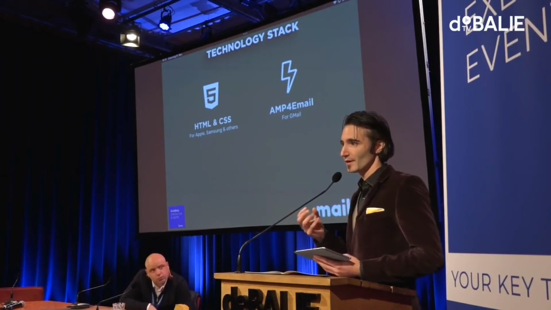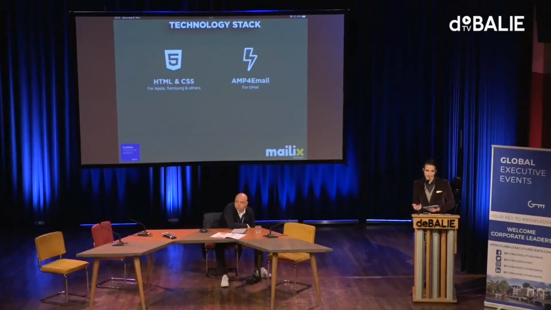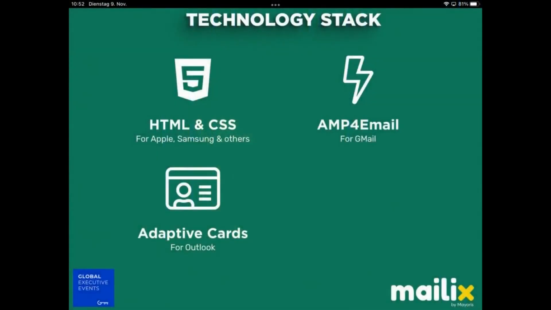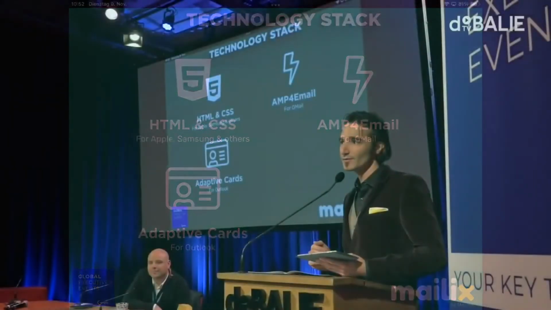This is like a proprietary technology from Google, which they published into open source just recently, that allows to make interactive email on the entire Gmail platform and a few platforms more. We can do some use cases even for Outlook with adaptive cards. It's a technology by Microsoft. Some of you maybe know this daily briefing you receive from Microsoft every morning. They have built some of those features in there.